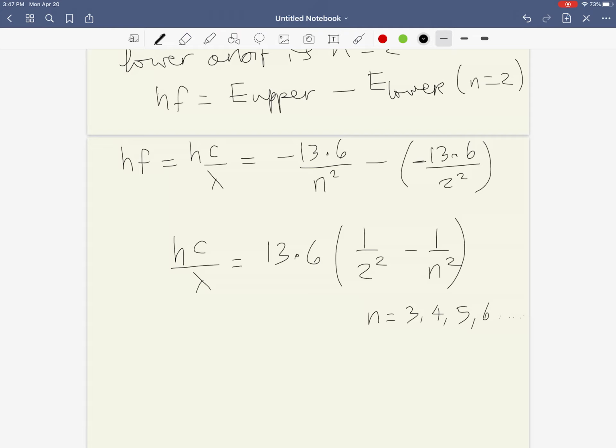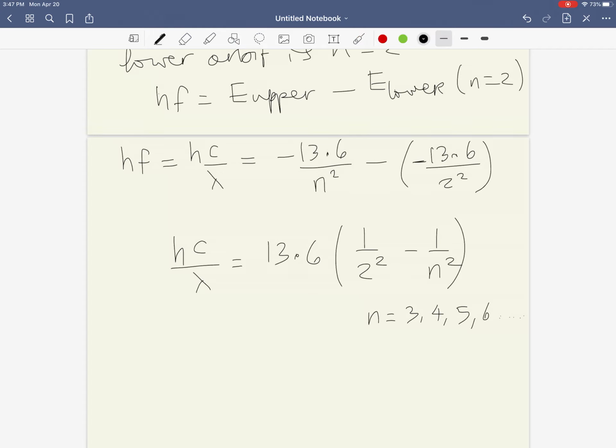Finally, if we rewrite this in terms not of eV, but in terms of joules, I believe the number here will be 2.18 times 10 to the negative 18.